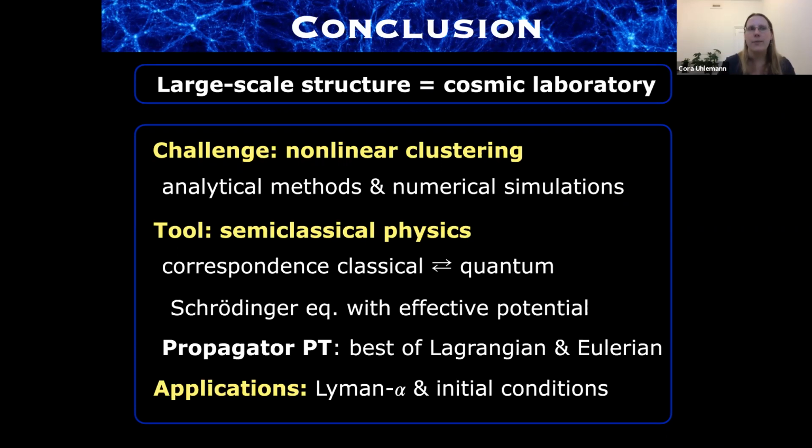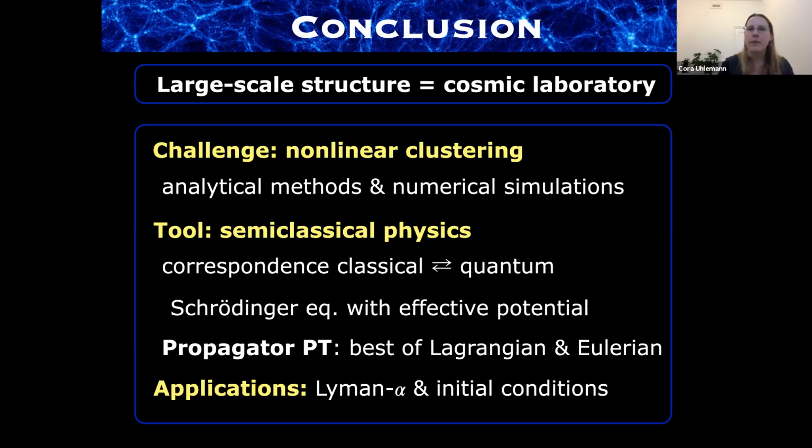Everything in our formalism is centered around the Schrödinger equation with an effective potential that you can determine, for example, by standard perturbation theory. And then you can compute propagators, and we found that with the propagator, we basically have an analog of Lagrangian perturbation theory, but we can straightforwardly obtain Eulerian fields.